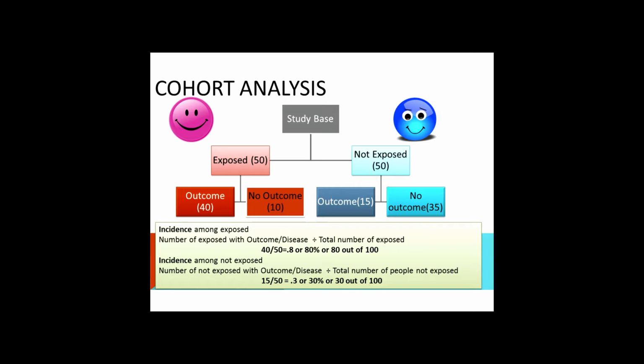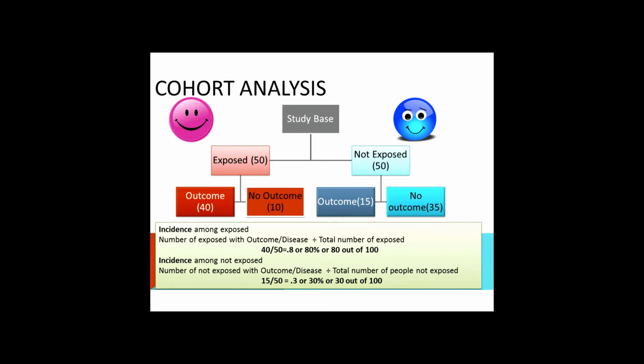And so our incidence rate is the number of exposed with the disease divided by the number of exposed people. So we had 40 out of 50 people, or 0.8, who were exposed and had the disease, and that would be 80%.